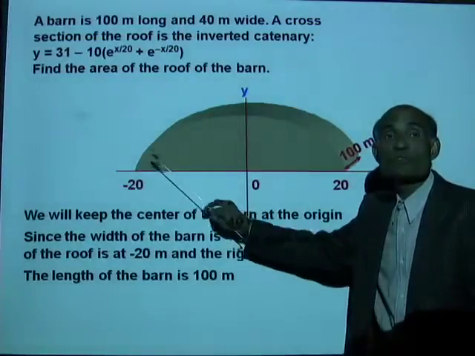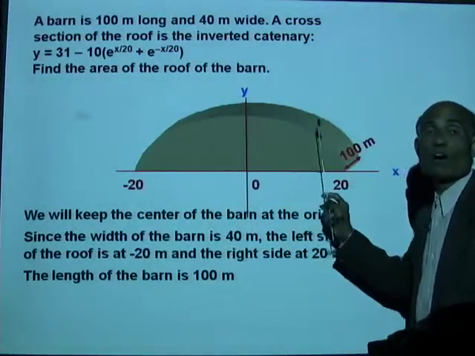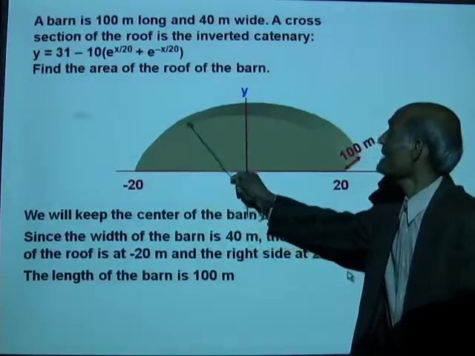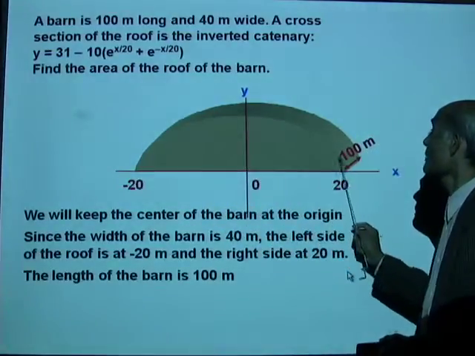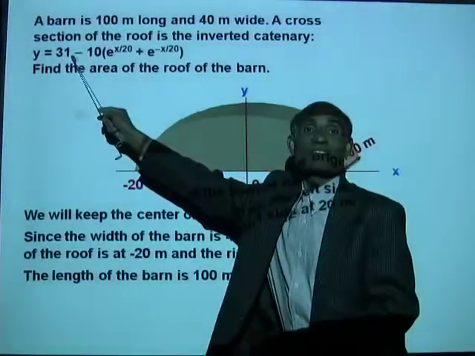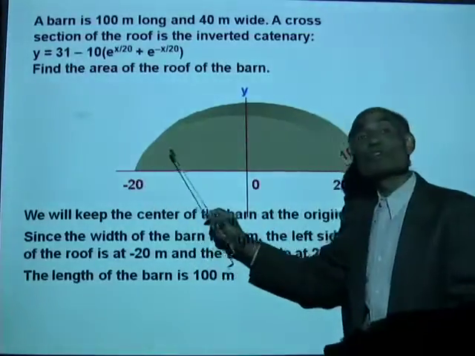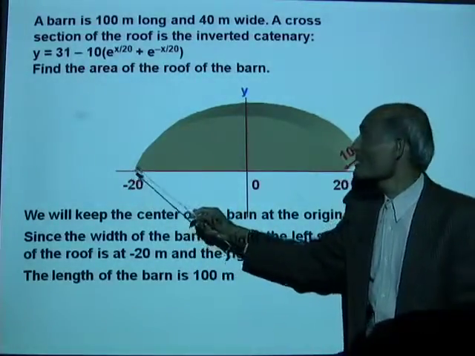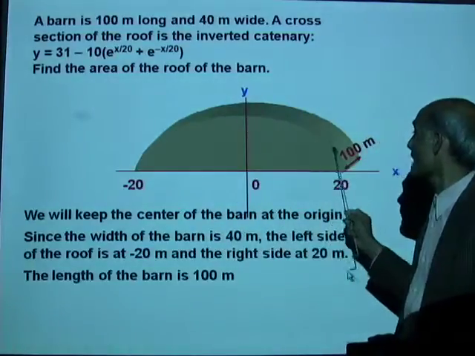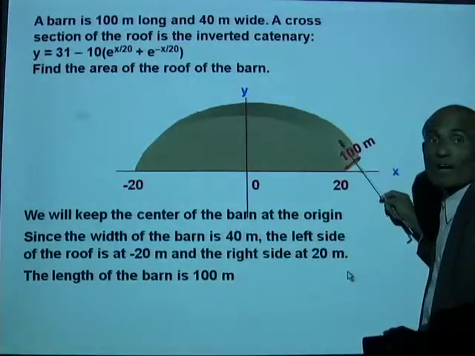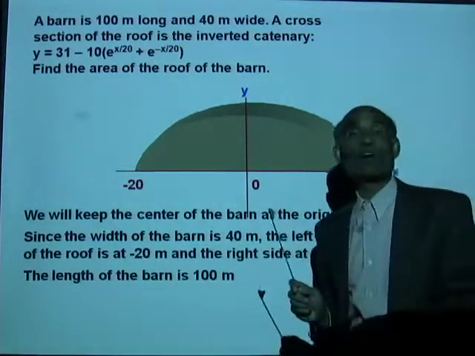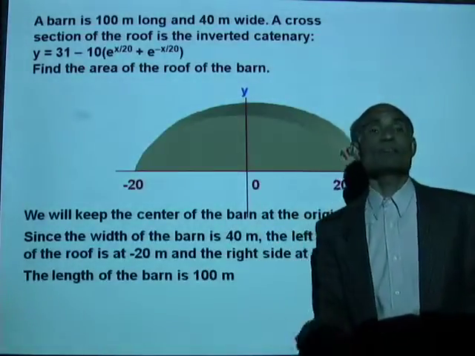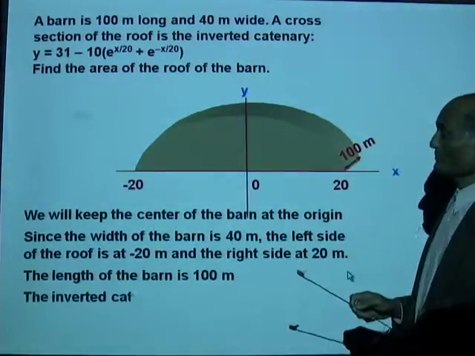So what we need to do to find the area of the roof is to find the length of the catenary, and the equation of the catenary is given. So we use the arc length equation to find the length of the catenary, then multiply it with the length of the roof. That will give you the area of the roof.